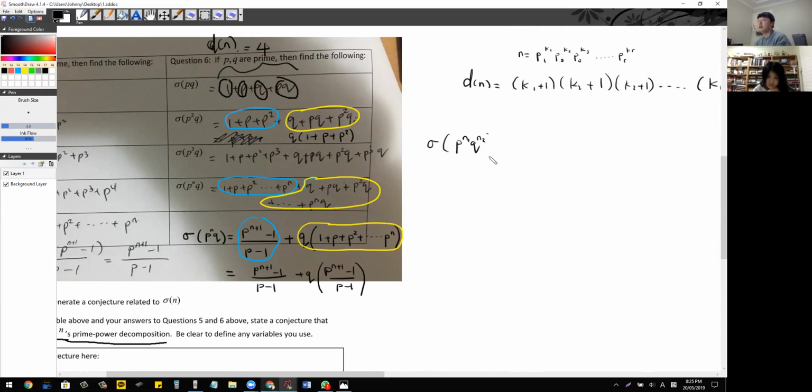Sigma of that is going to be this one here. First of all, P^(N1+1) minus 1 over P minus 1.